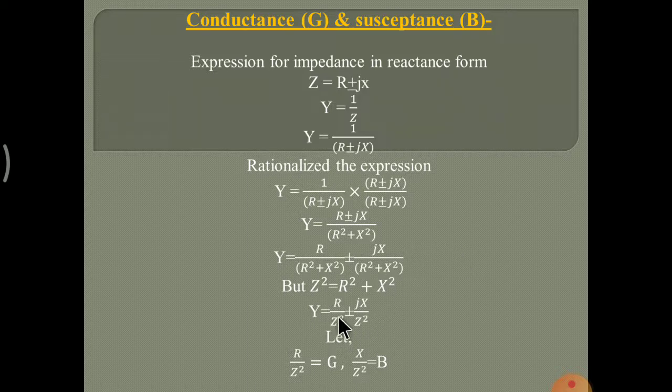Then Y is equal to R upon Z square. This R square plus X square bracket is replaced by Z square from this equation. So Y is equal to R upon Z square plus minus jX upon Z square.